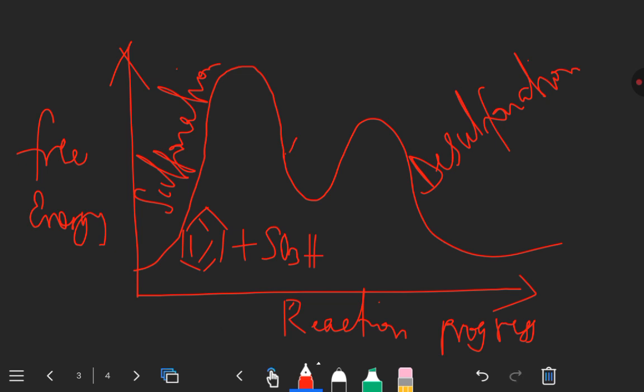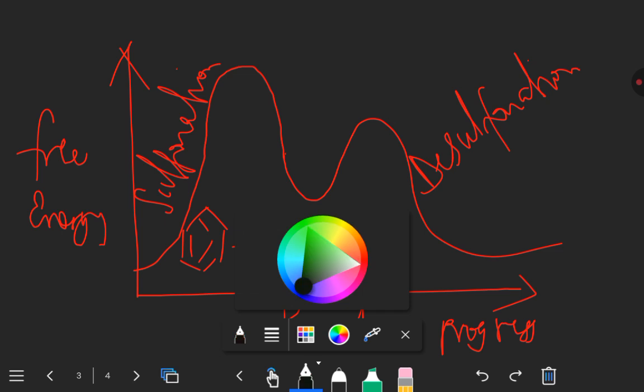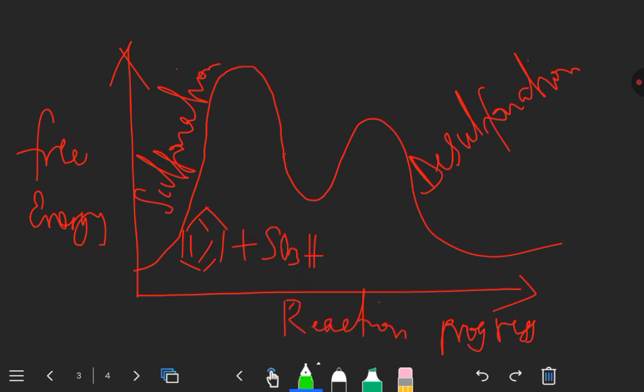So I'll show a benzene ring. Let me use a different ink for this one. I'll show a benzene ring like that, then attached to this electrophile. Then at this point we have a hydrogen, and we have one carbon which has a carbocation. So one bond should be broken there.